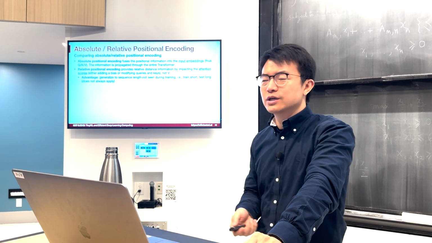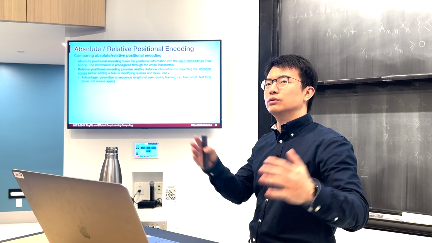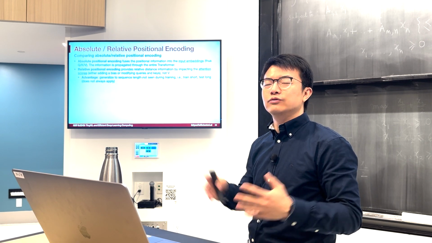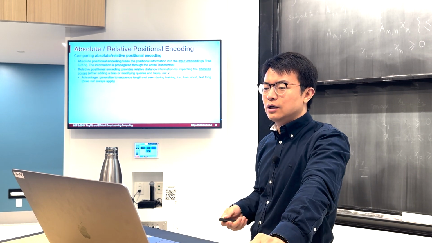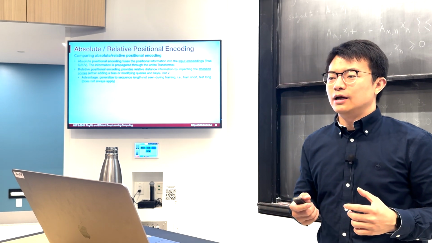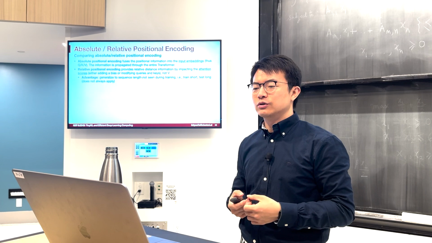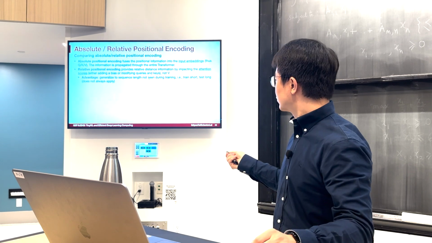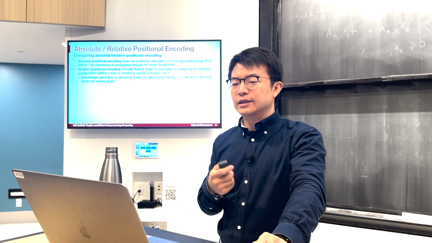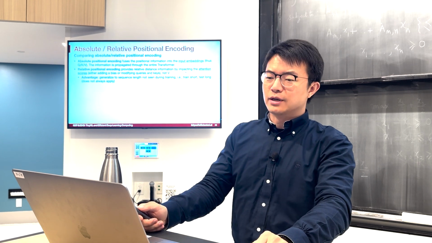And the advantage is that you can deal with long context, for example, reading a whole book or a whole movie. During training time, we may not have seen such long context, but we want to train short and test long. Okay? Train short, test long. That's the advantage of relative positional encoding.